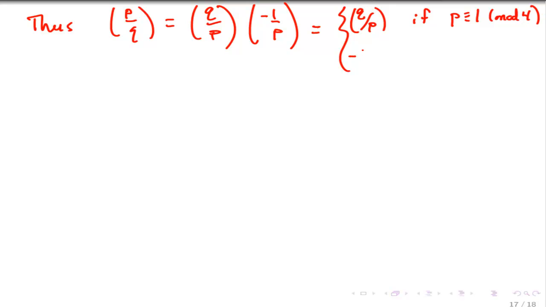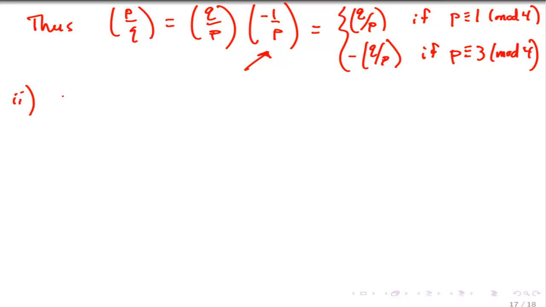And it's negative Q over P if both P and Q are congruent to 3 mod 4. Okay, so we've seen that evaluation. That's the negative 1 over P symbol we did early on.